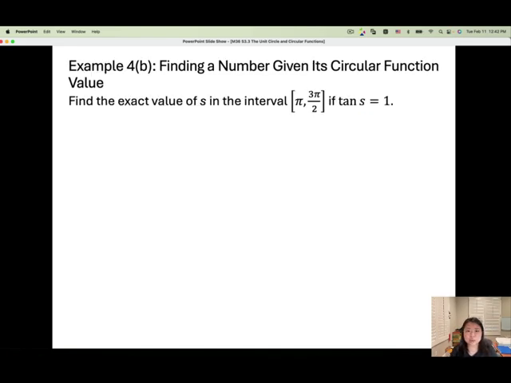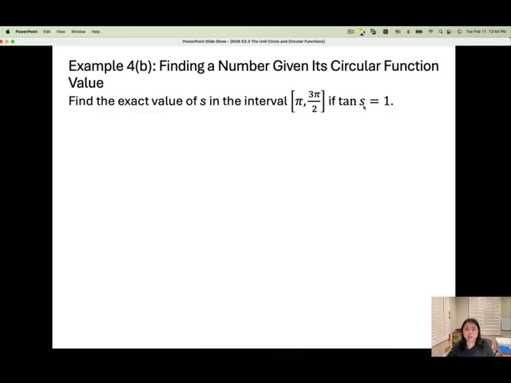Find the exact value of s in the interval from pi to 3 pi over 2 if tangent s equals 1. Okay, think about it. Tangent s equals 1. Tangent of what angle will be equal to 1? You will have 45 degrees, right? Tangent 45 degrees should be equal to 1. So s should be equal to pi over 4. Okay, they gave the interval in radians, so we're going to use radians.